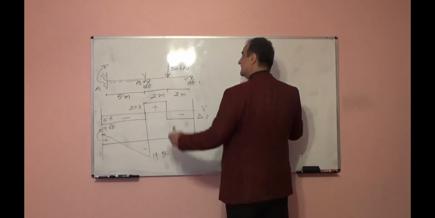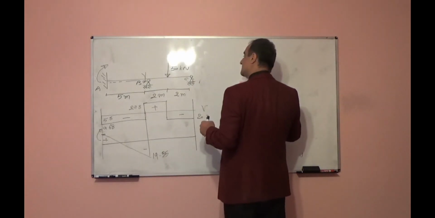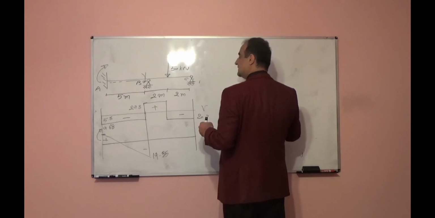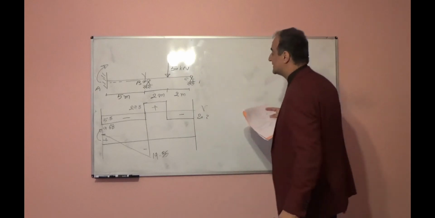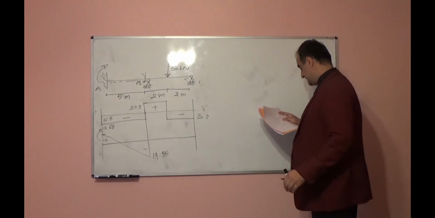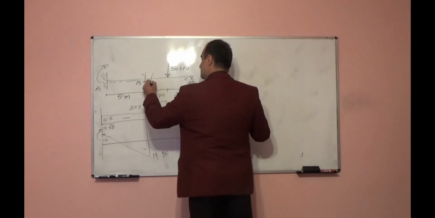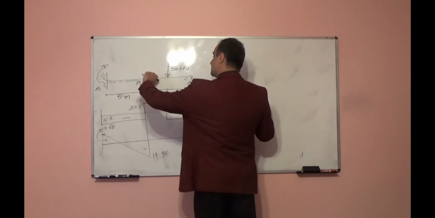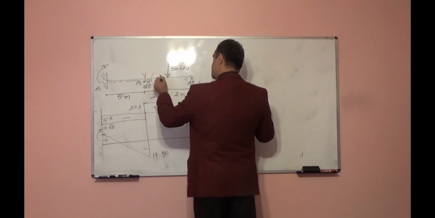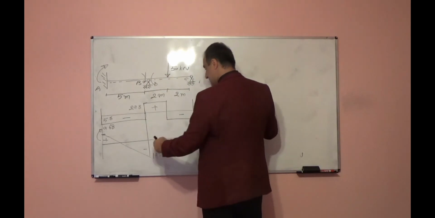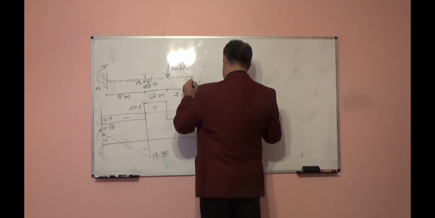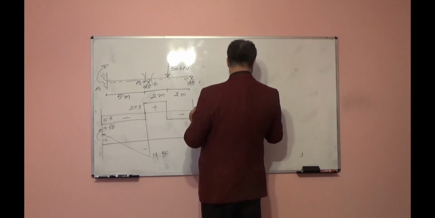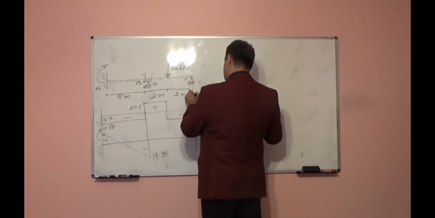Positive, negative. At the BC part, the moment was counterclockwise. Counterclockwise, if you rotate here, you will have compression, so again negative. At point C here, it is 0. This reaction here is 20.2.